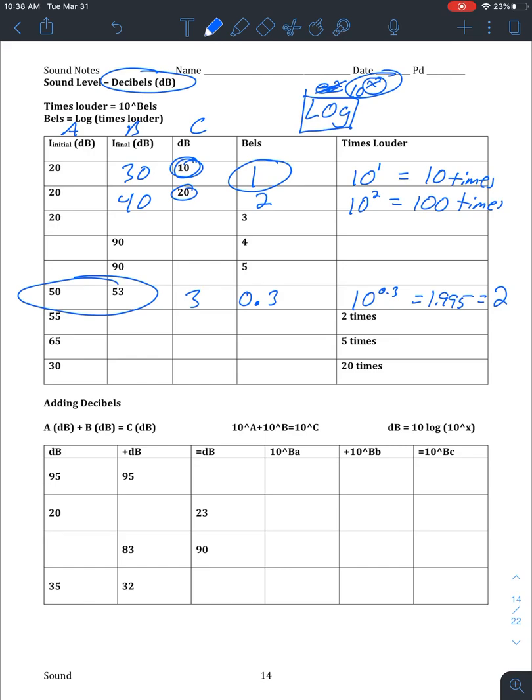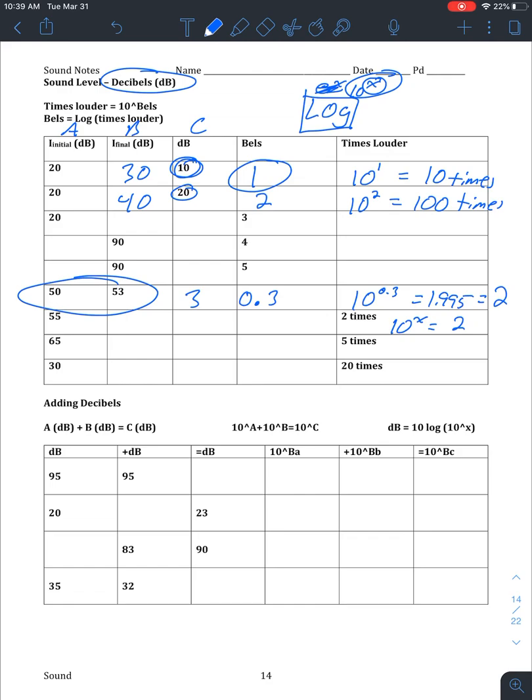Then going to the next one, we're now working backwards. We don't want to know what 10 to the some power is. We already know what that number is. So we're going to have this kind of equation: 10 to the x, where x is what we're trying to figure out as far as the number of bells. We know it's going to be twice as loud, so this is where you're going to use the log button.